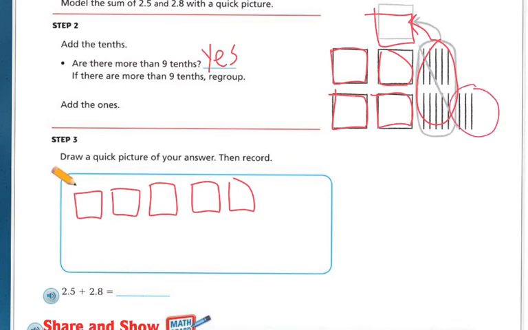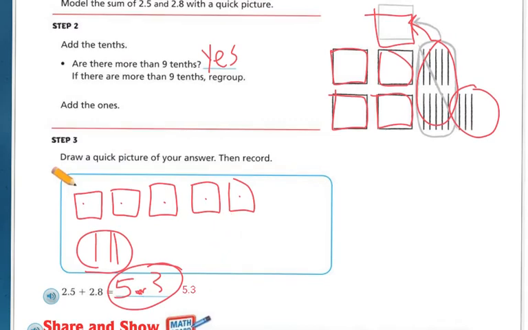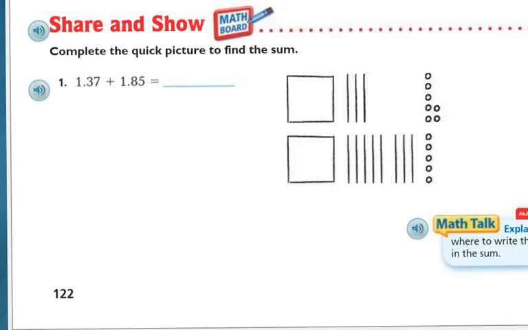And then I have 3 tenths. So my answer is 5 wholes and 3/10. So the answer is 5.3 or 5 3/10. Sorry, that doesn't look very good. Let me type that out for you. Okay, so the answer is 5.3.